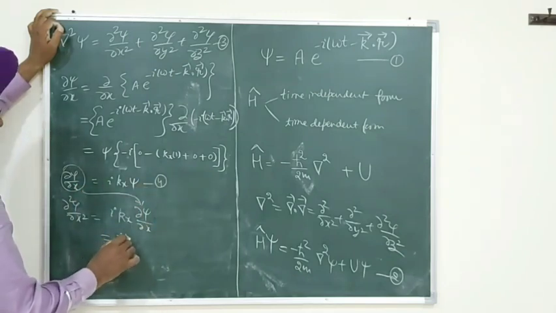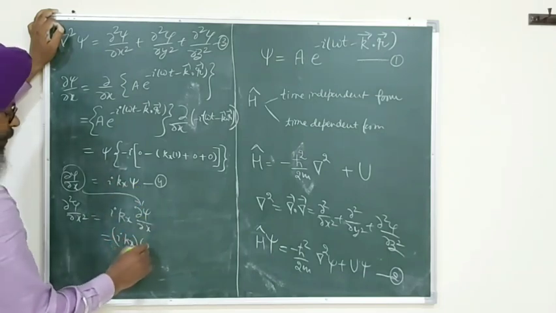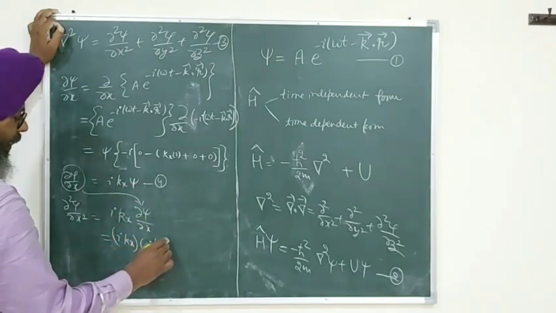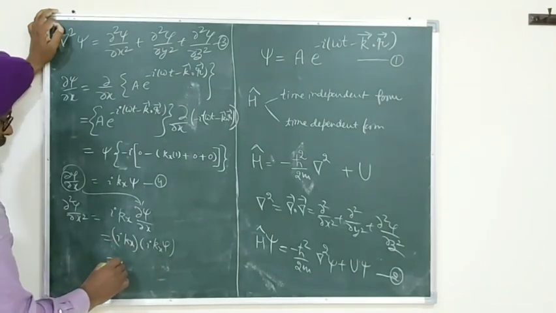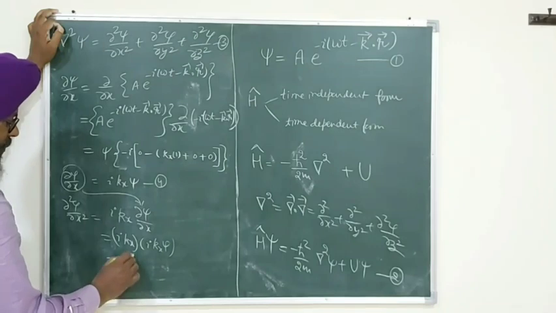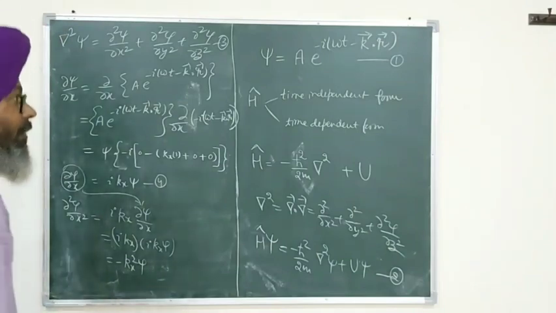That will be iota kx, and this ∂ψ/∂x is nothing but iota kx and psi. Now iota and iota will become iota square, that is minus 1, that is minus kx square psi. So I have solved just the first term. Now what will be the second term?